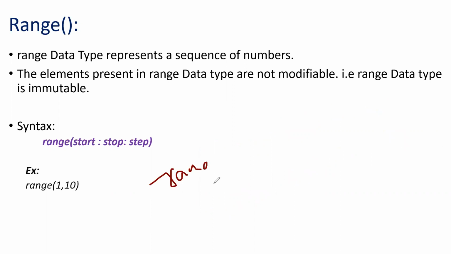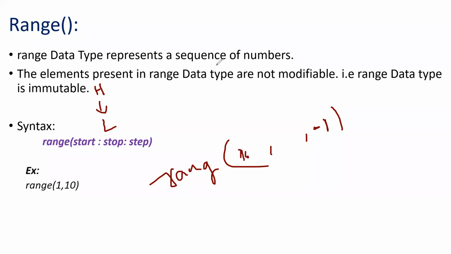If I give a negative value, let me take another example. Range, where I don't give start and end, and I give the step value as -1. So it is decrement. The step value decrement means it decreases from a higher value to a lower value. So here I must give the maximum value, the highest value.